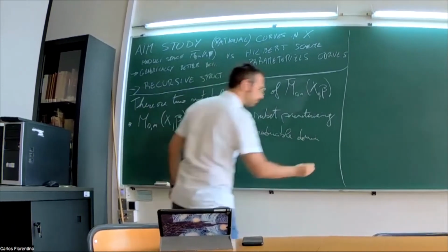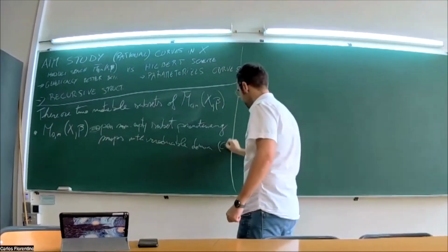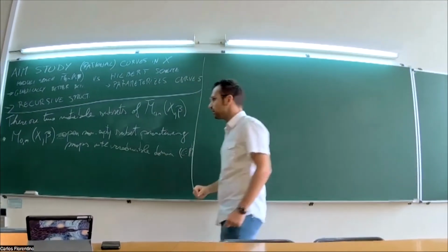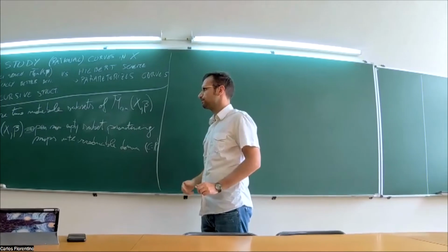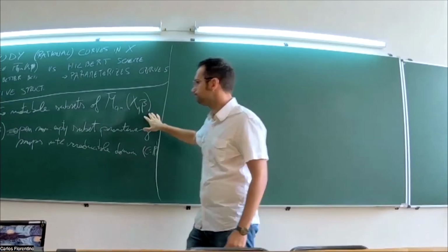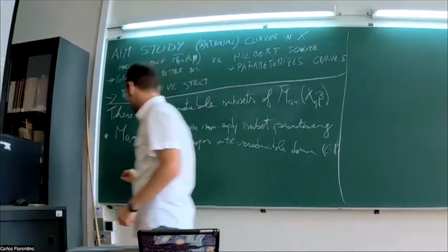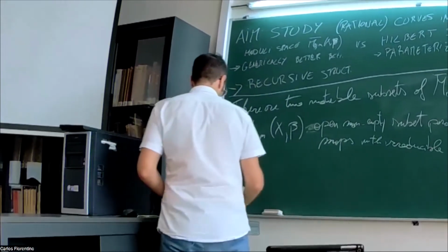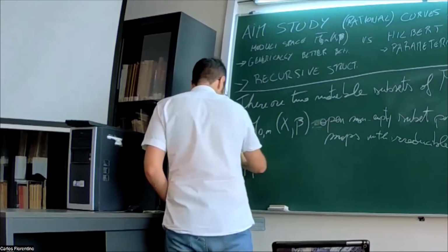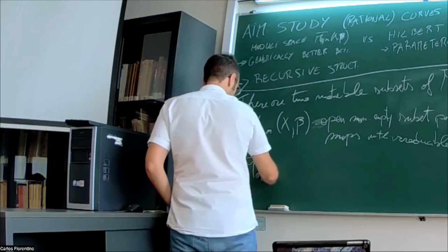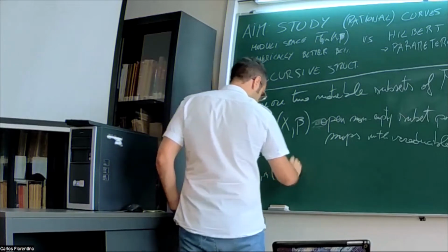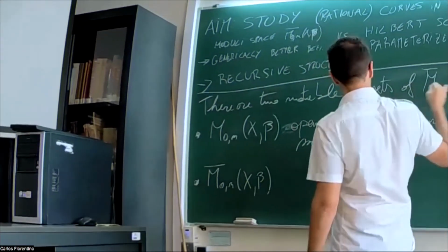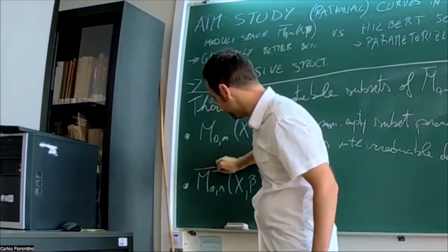So when the domain is P1, we call it M star 0,n(X,beta). I mean the sum of these, and we add the star.